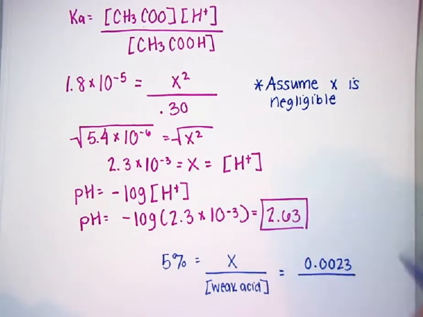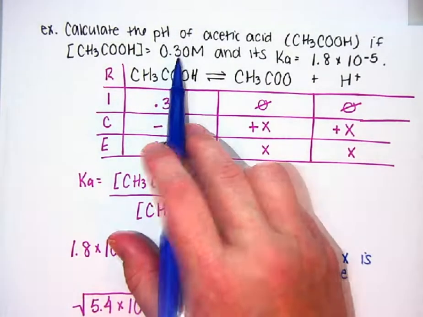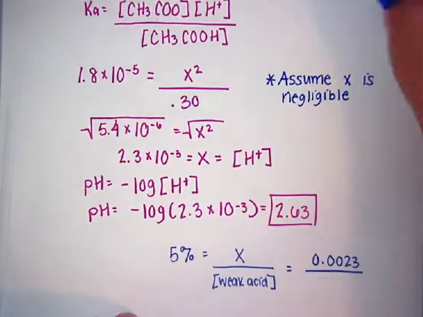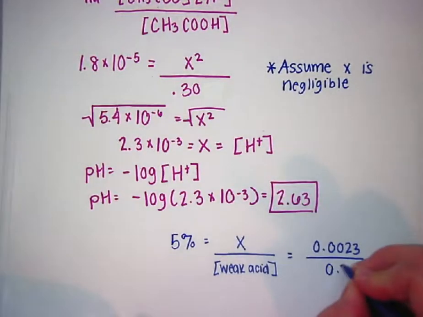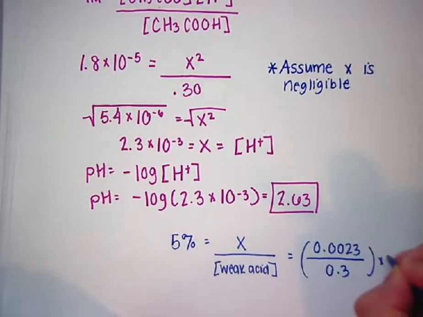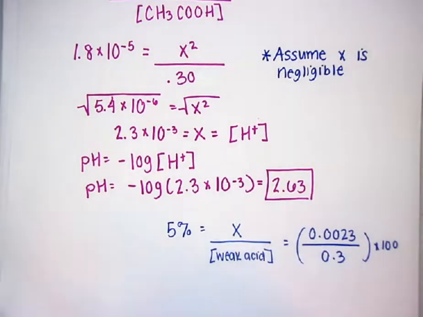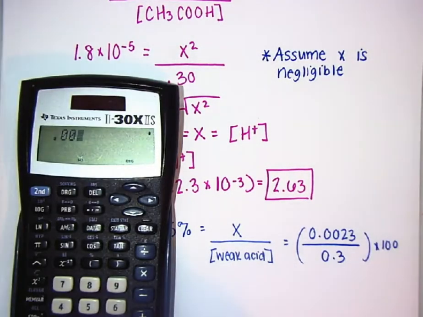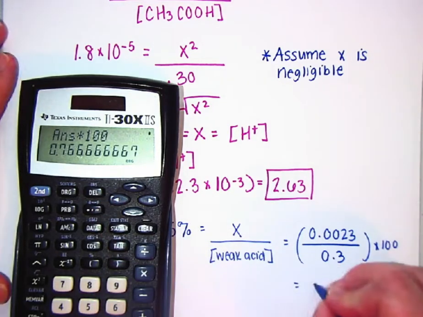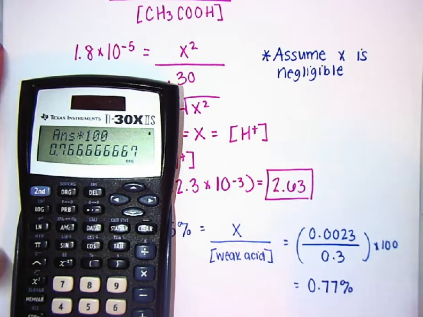And let's divide that by the concentration of the weak acid. The concentration of my weak acid was 0.3. That gives 0.77%.